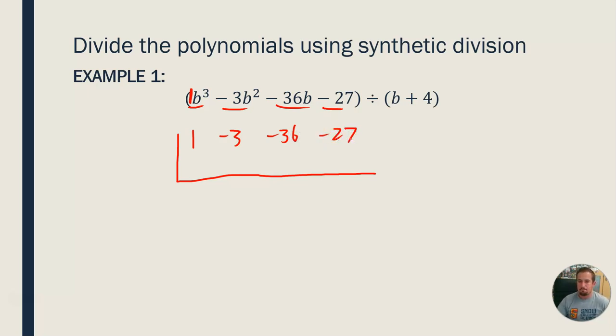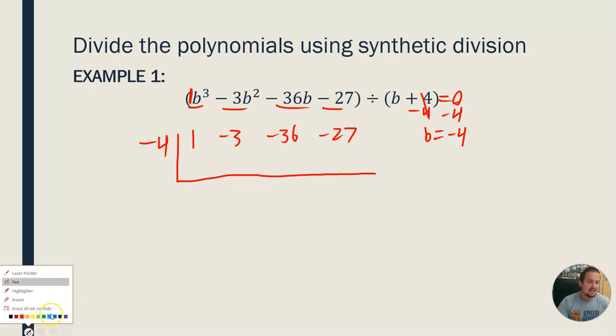That's the first step. Then, out here in front, instead of putting b plus 4 or just 4, I have to set this divisor equal to 0 to find what the root would be. So, in order to get b by itself, I subtract 4 on each side, and I get b equals negative 4. So negative 4 is what's going to go out in front.